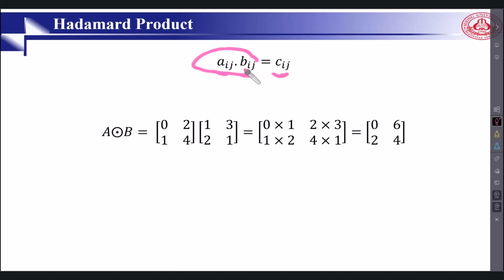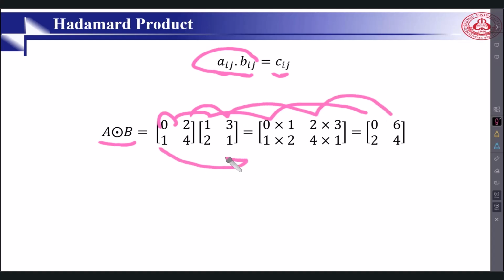It is different from standard matrix multiplication because the elements are multiplied following these rules. So 0 multiplied by 1 will be 0. 2 multiplied by 3 is 6. 1 multiplied by 2 is 2. 4 multiplied by 1 is 4. This is how we do this product.